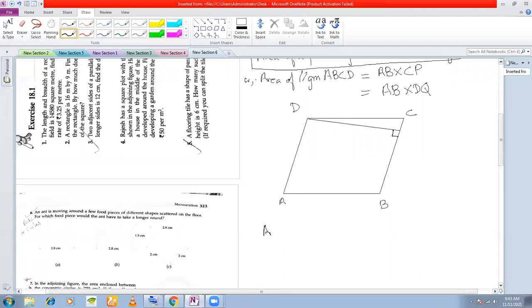Then for the area of parallelogram ABCD, let us call this R. Then CB becomes my base, so BC into height DR. Or I can also produce this side, and from A drop a perpendicular.